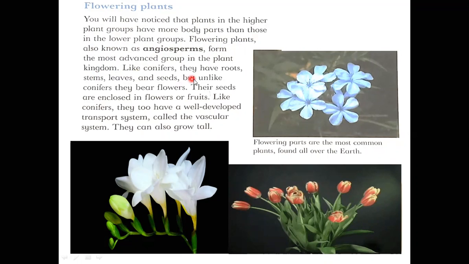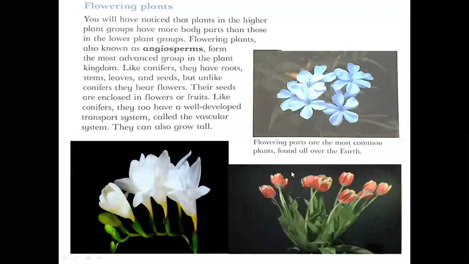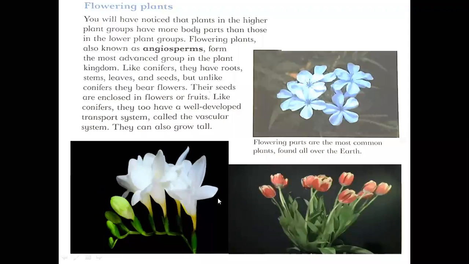Like conifers, they have roots, stems, leaves, and seeds, but unlike conifers, they bear flowers. Their seeds are enclosed in the flowers or fruits. Like conifers, they too have a well-developed transport system called the vascular system. They can also grow tall. Here you can see that flowering plants are the most common plants found all over the earth. Okay, students, these are flowering plants.